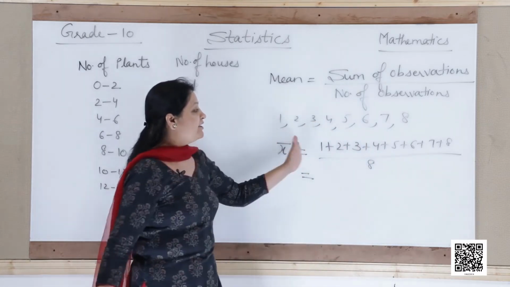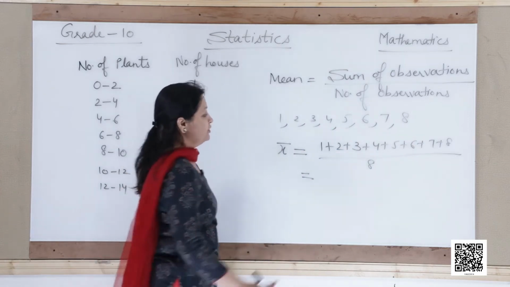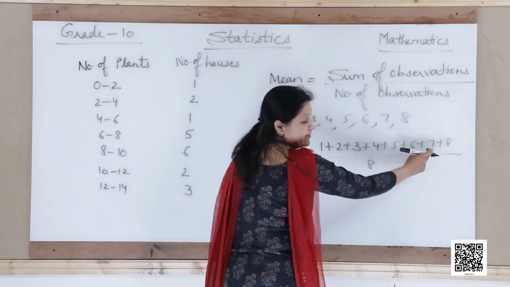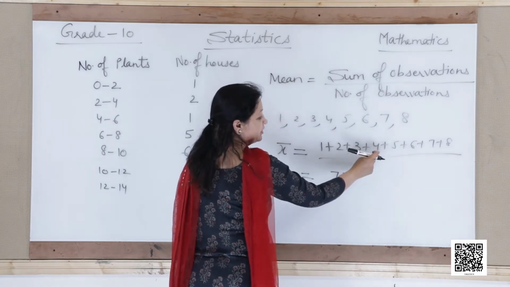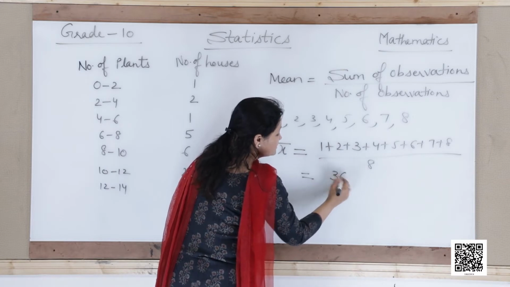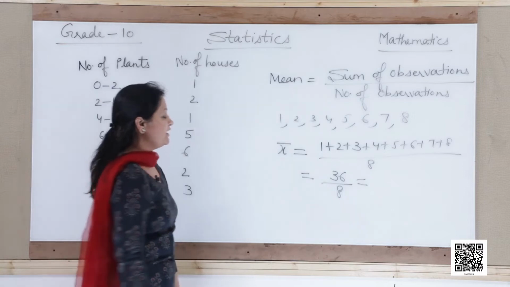Now adding all these numbers, 1 to 8, you can check: 8 plus 7 is 15, 21, 26, 30, 33, 35, 36. I am very sorry, the sum is 36, so it is 36 divided by 8.